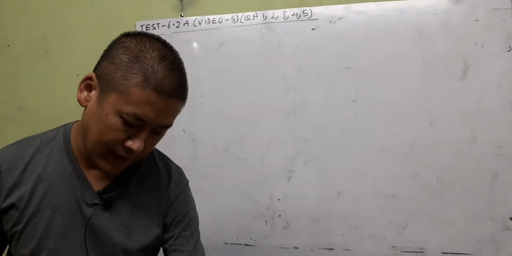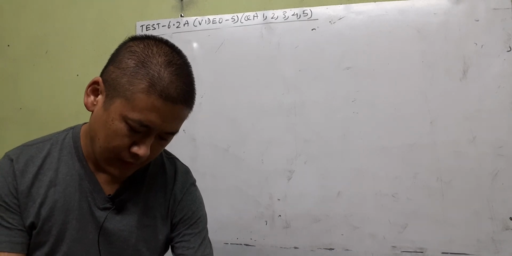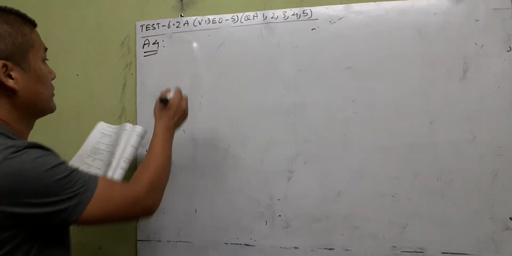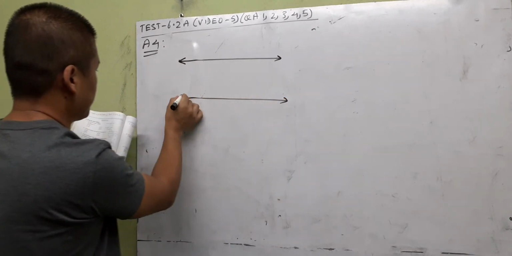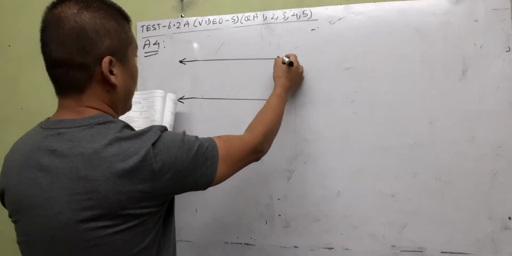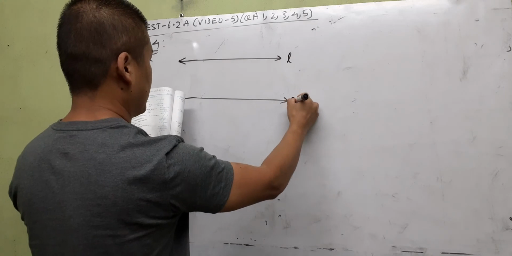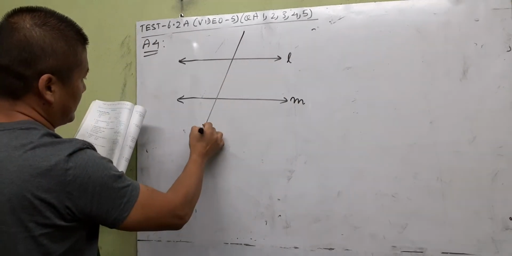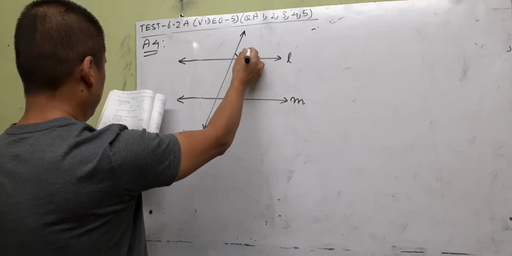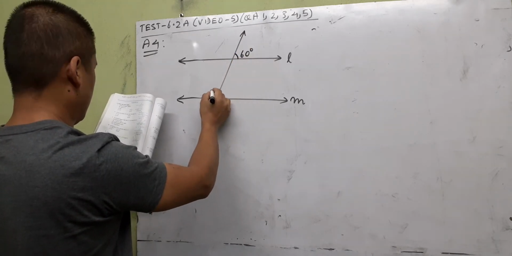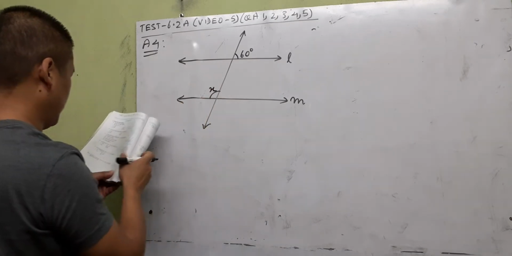In the figure, if L is parallel to M, the value of X is how much? So let's just draw the diagram first, because that will make us clear. On your notebook, follow me and draw the same thing. L parallel to M, mentioned clearly. There is a transversal cutting these two parallel lines. Angle here is 60 degree. Angle here is X. We have to find this X.